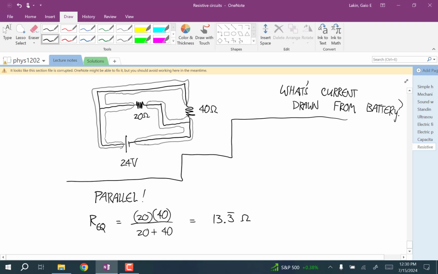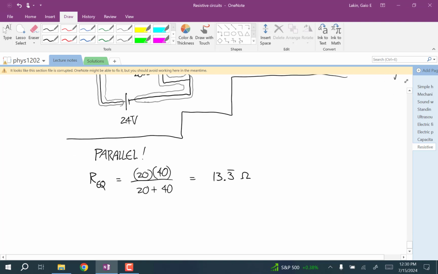As an aside, parallel resistors' equivalent resistance is always lower than either of the two, because it gives the current more options to move through.